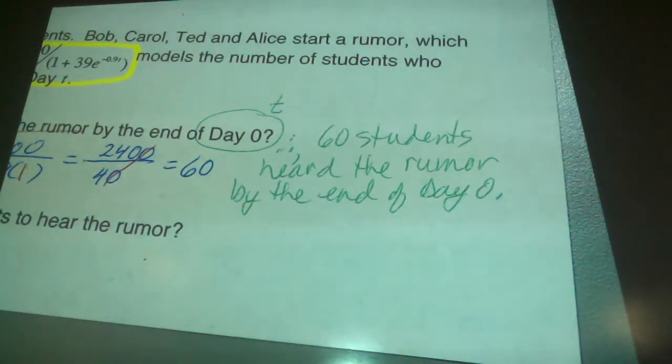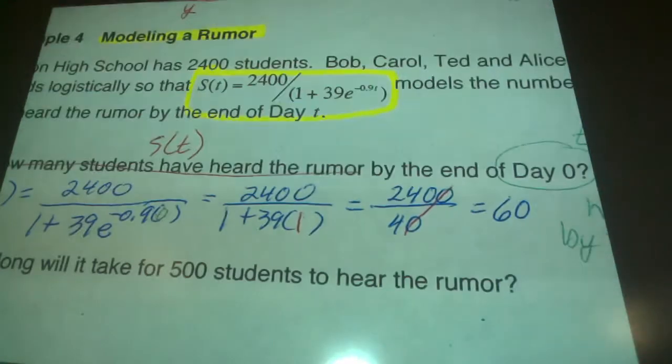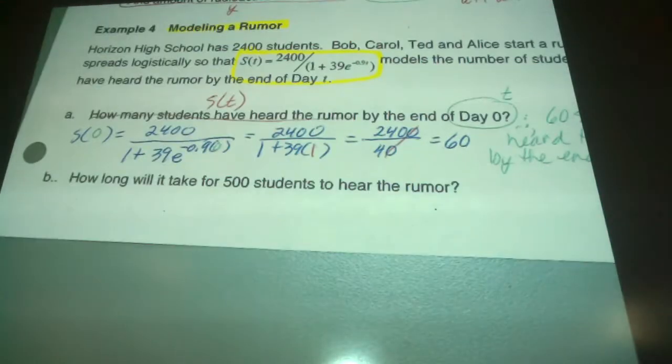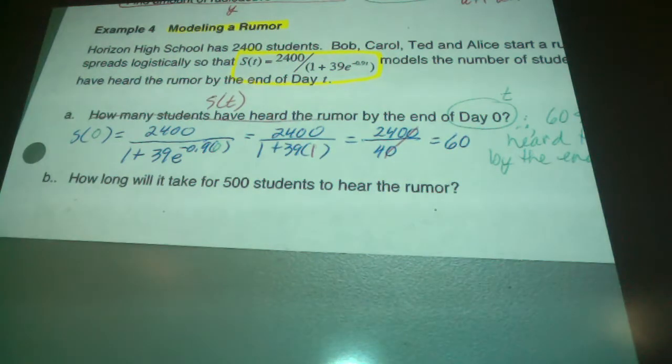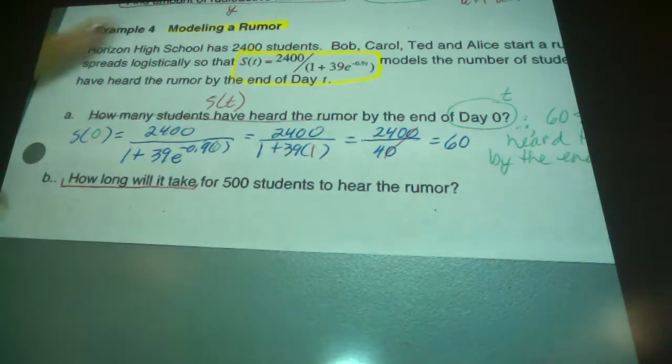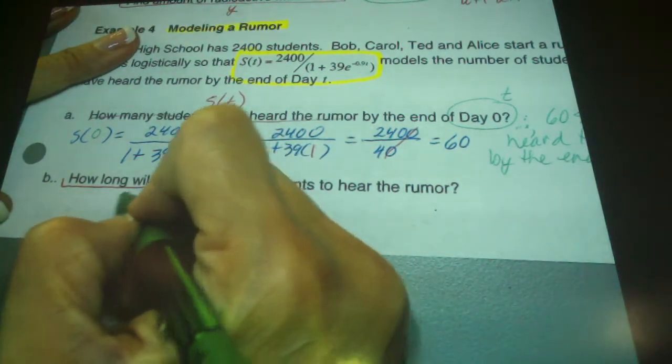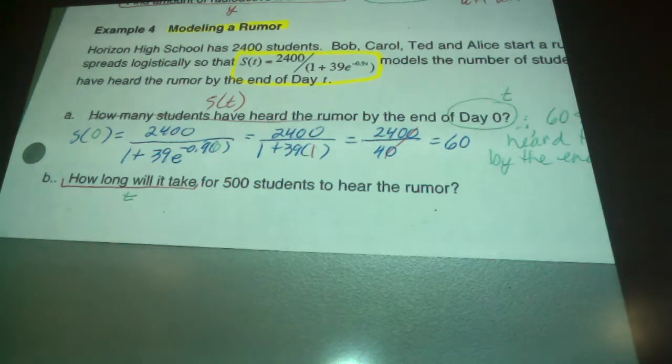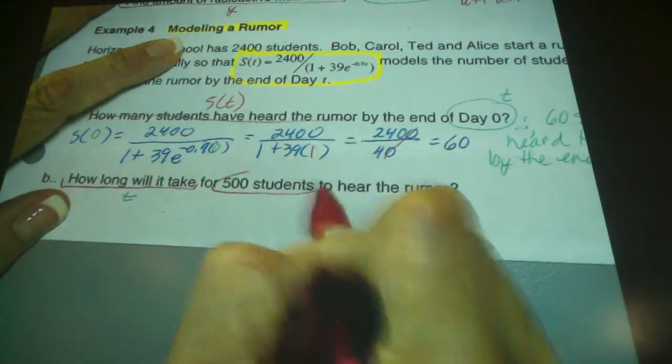So, part B. Part B is harder, and here's why. Look what they gave you. How long will it take? What is that? That is time. That is your T for time. For 500 students to hear the rumor. 500 students is what?